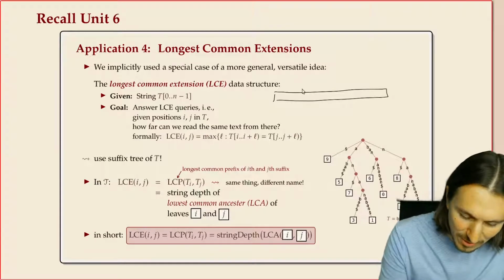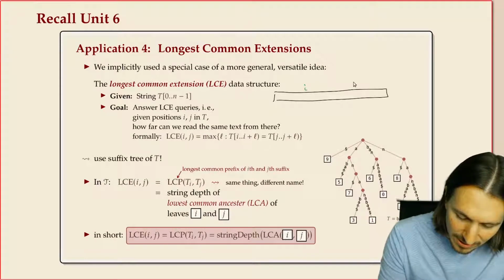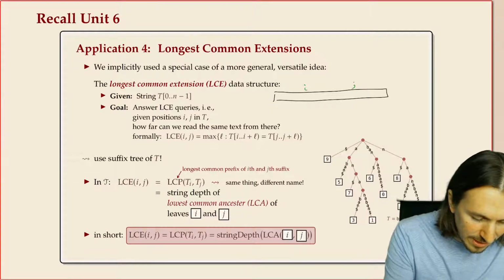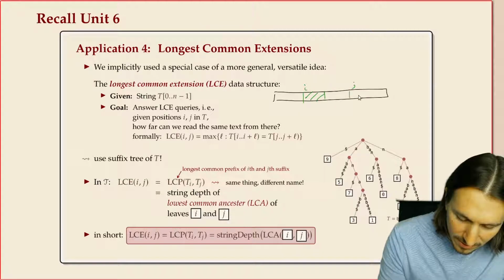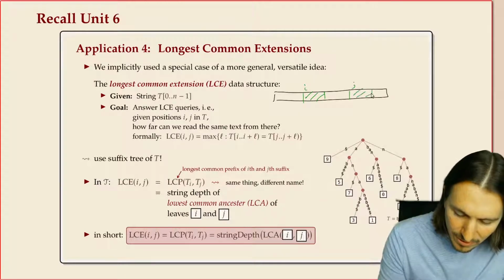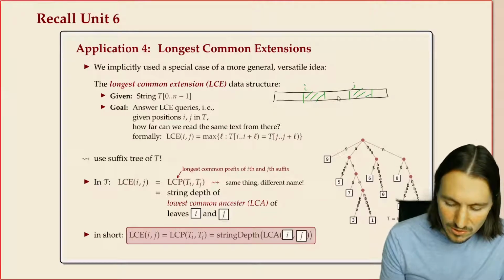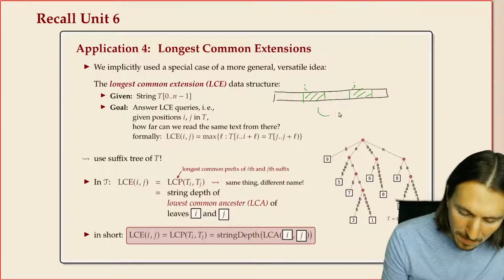So you have two positions in a string, i and j, and you ask what is the longest piece of text that you can read so that it's the same text if you start at i and at j. So these two things should be the same.